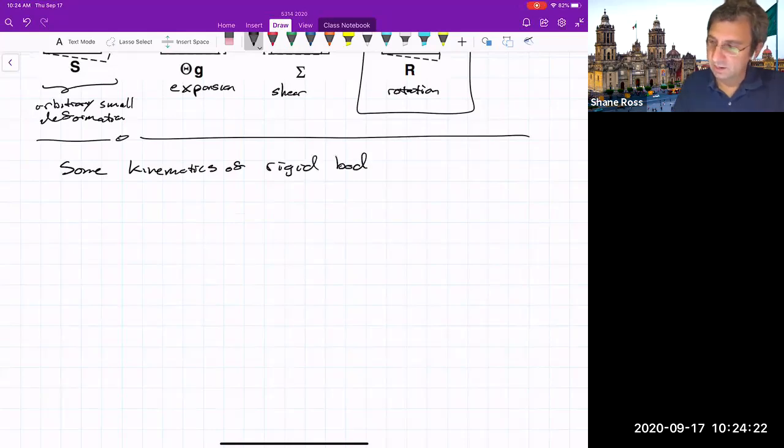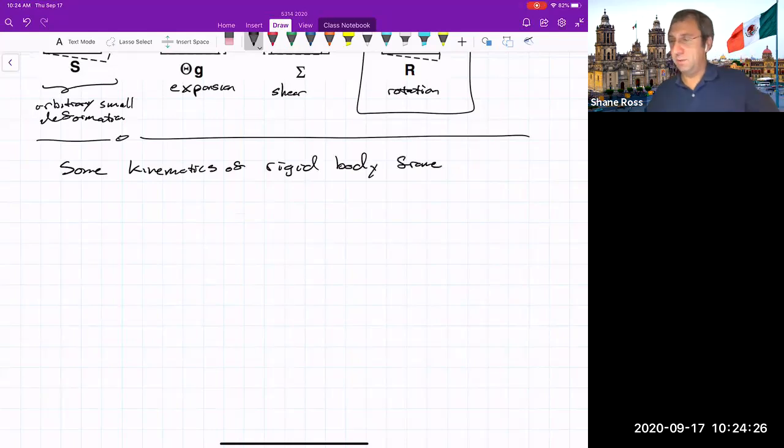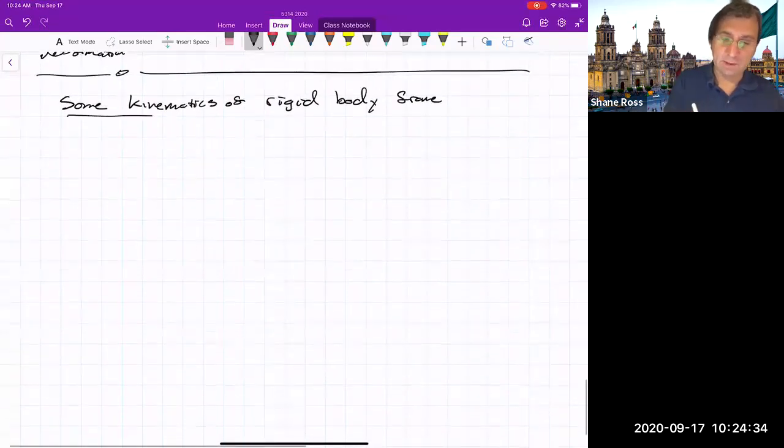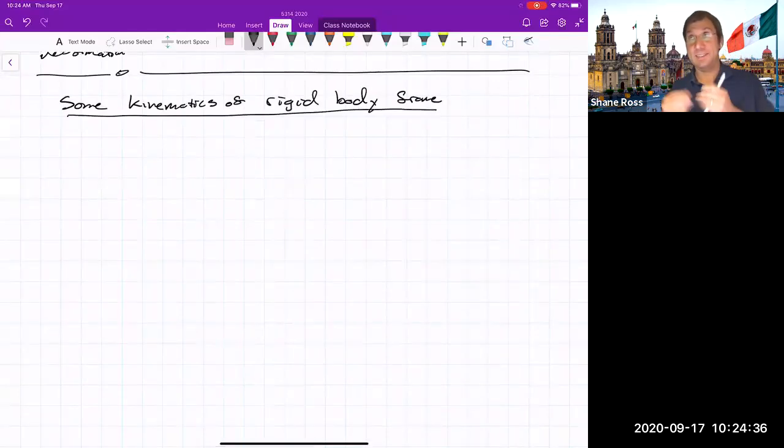And when I say rigid bodies, once you attach a frame B to a rigid body, then all you have to worry about is the kinematics of the frame. And that's the same as the kinematics of the rigid body itself.